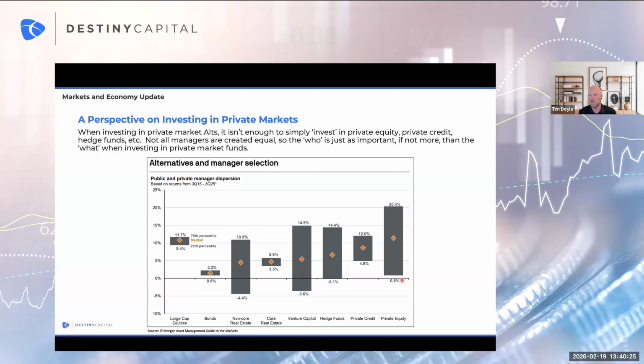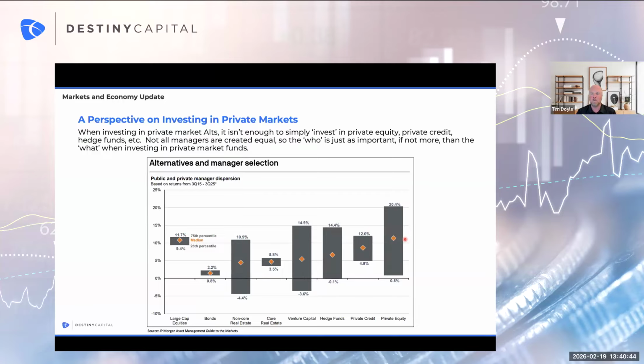Even if you look at the median return, it's roughly equivalent to large cap U.S. equities. So why would you take on the illiquidity, all the risks that I just outlined, and inconveniences to get the same return that you would get in the S&P 500, virtually, as far as median returns are concerned?